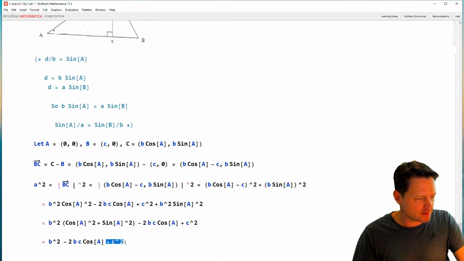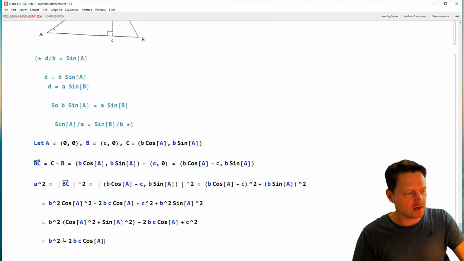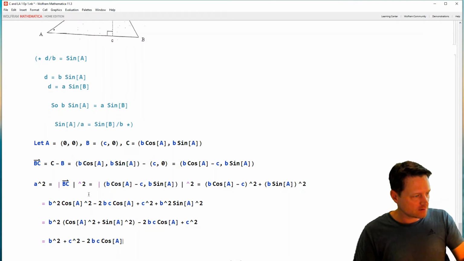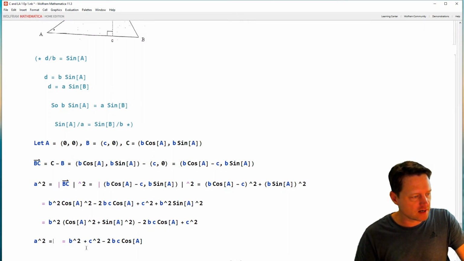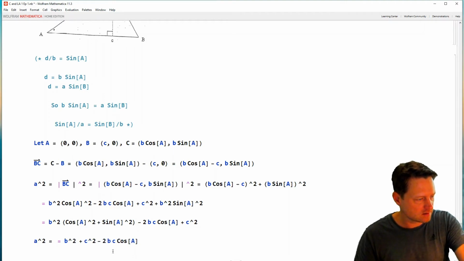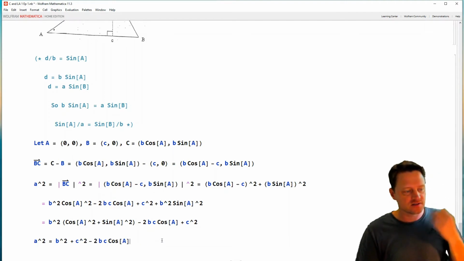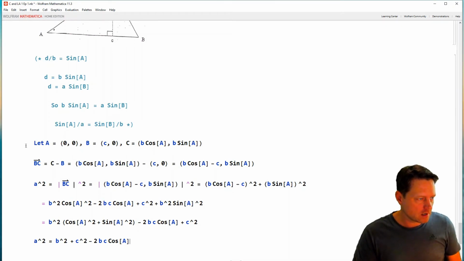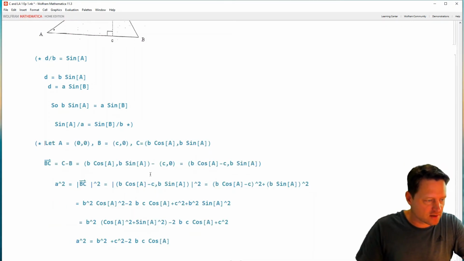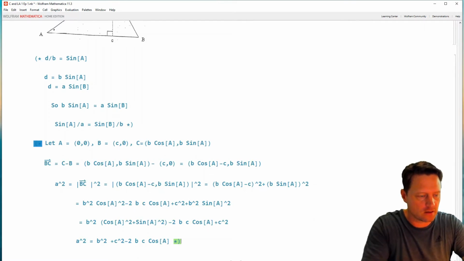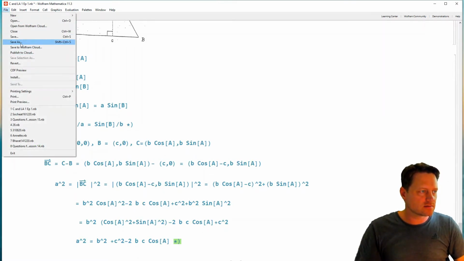Then let's put the c squared next to the b squared. So we found out that a squared is equal to b squared plus c squared minus 2bc cos of A. That's the cosine rule right there. And now all of this is a comment, so let's turn that into 1. And I'll save this.